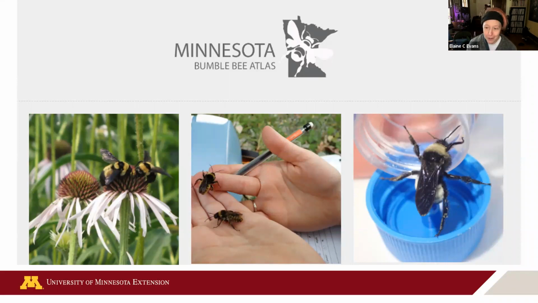So wherever you are, take a look into the Bumblebee Atlas program to see if there's one near you. This is a program where we have training for people to get to know bumblebees and then go out and survey bumblebees and survey the habitat that they use. You can go to the next slide.